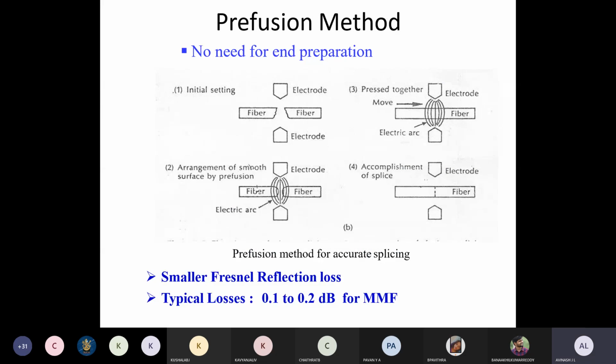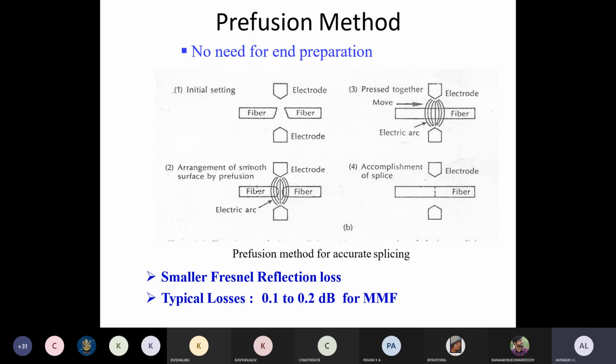The next method is the prefusion method. Here there is no need of end preparation. Four diagrams show the process. The initial setting has fiber 1, fiber 2 and the electrodes. Second is arrangement of a smooth surface by prefusion with the electric arc.